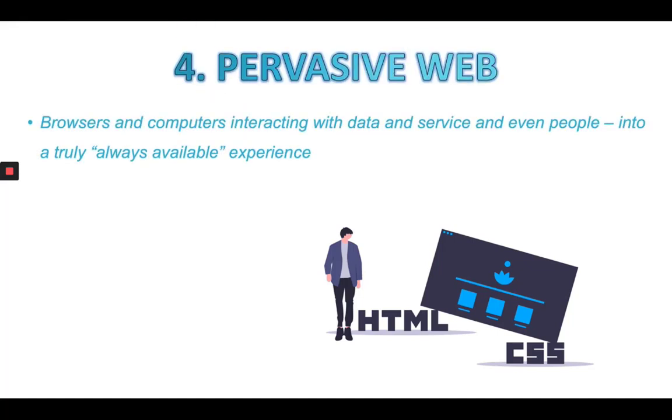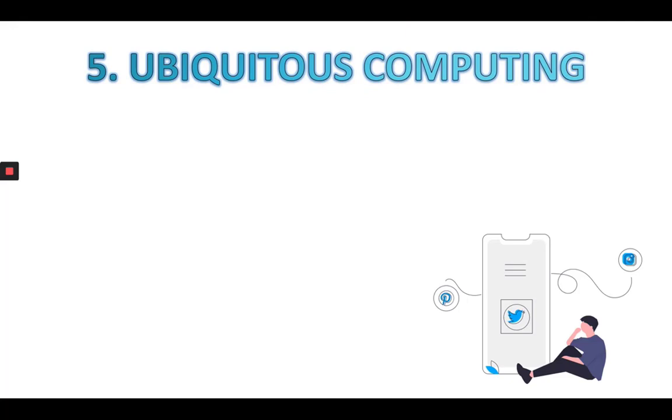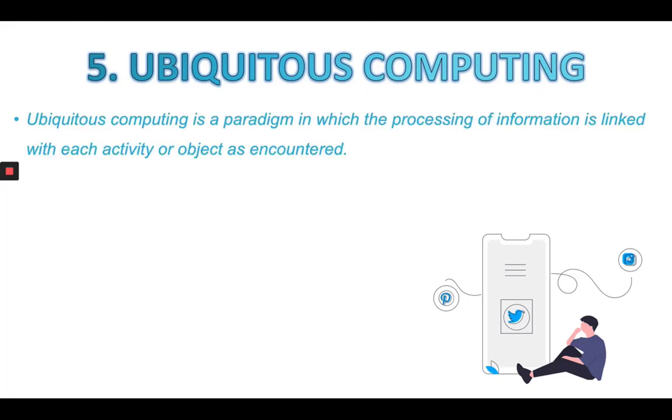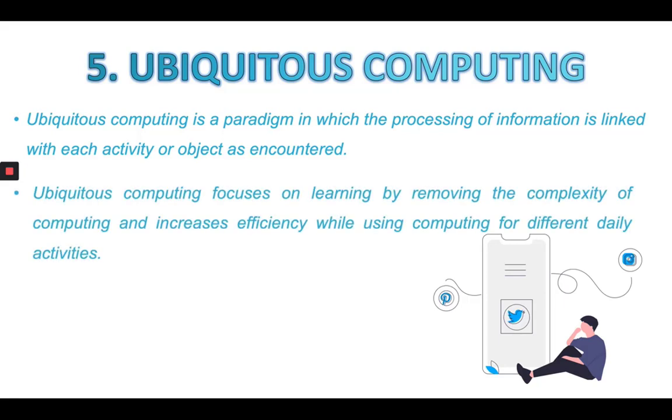And the final one is ubiquitous computing, which symbolizes the Internet of Things. It's a paradigm in which the processing of information is linked with each activity or object as encountered, and it involves connecting electronic devices with embedded microprocessors to communicate information.